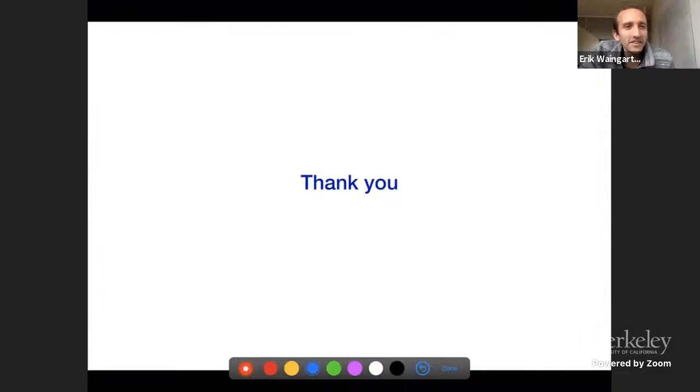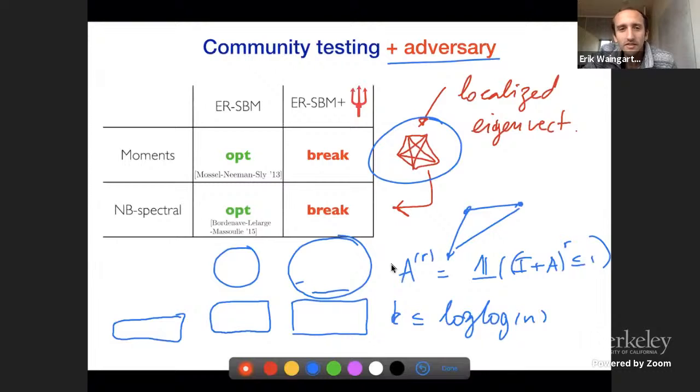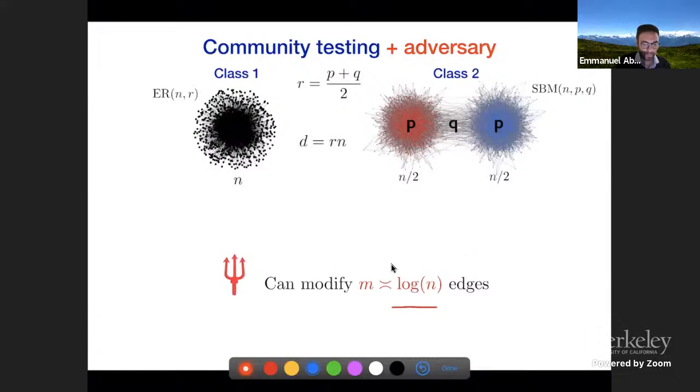So Emmanuel, there's a question from Joe Neiman who's asking, can you comment on what happens if you allow more than log n changes, or how this changes as a function of the number of edges? Yes.